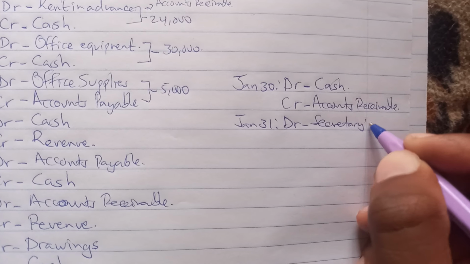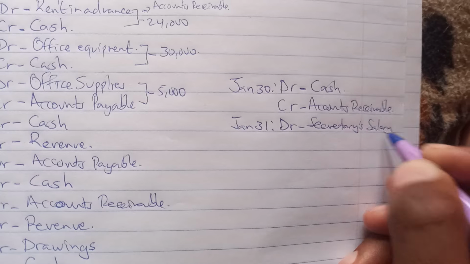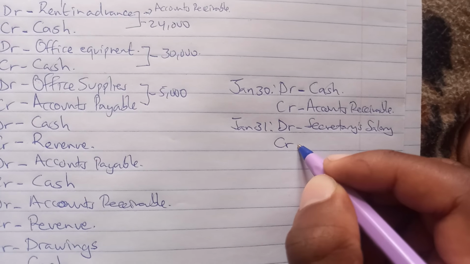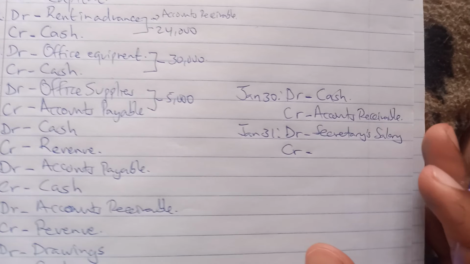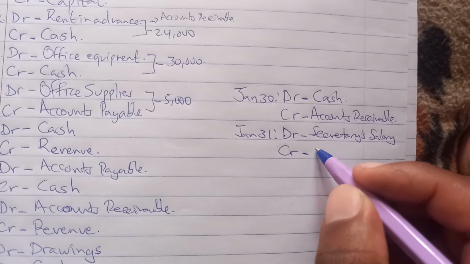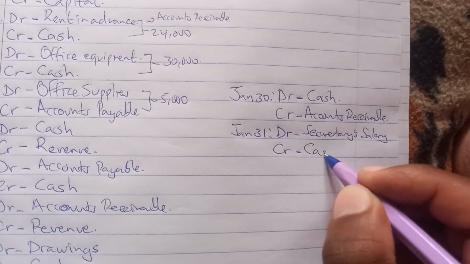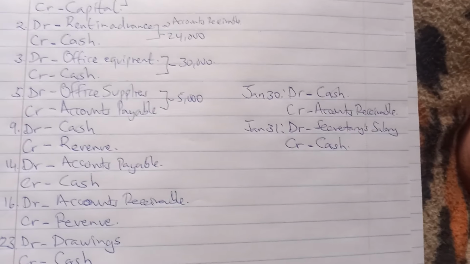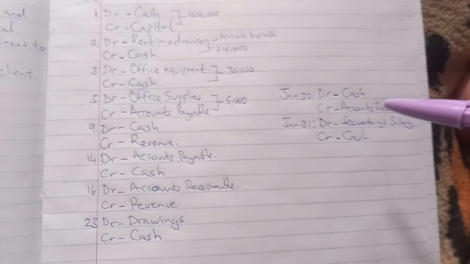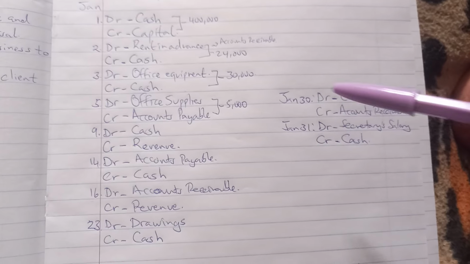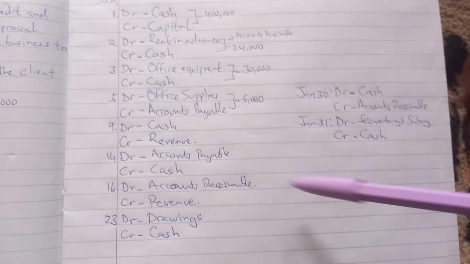secretary salary and we credit. Or do we credit? Yeah, credit cash. We are paying the secretary in cash. Yeah. So this is how we interpret the transactions from words to accounting.